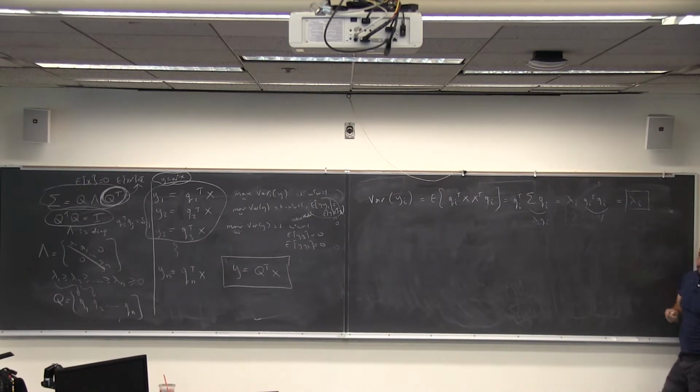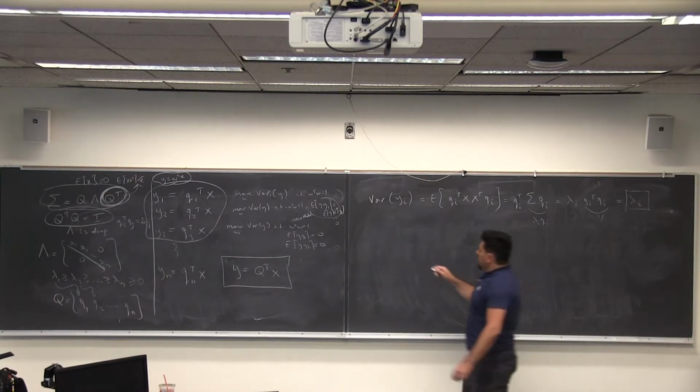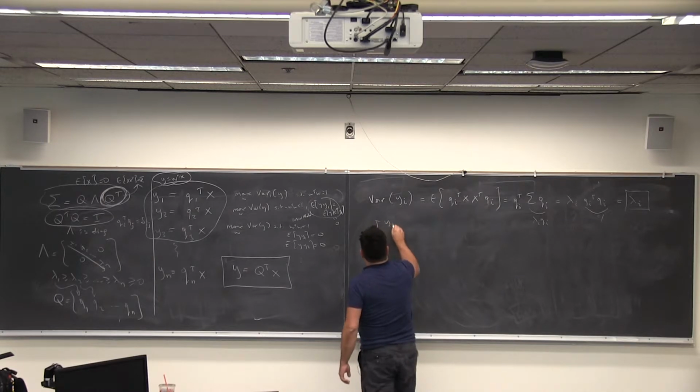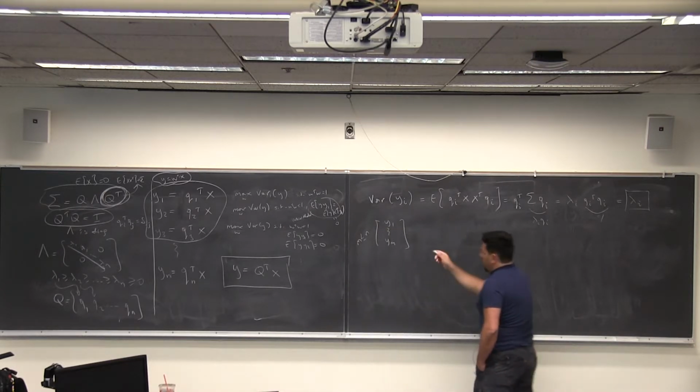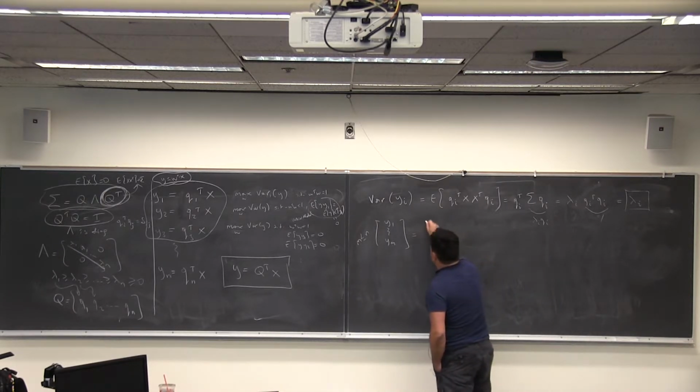So if I keep the first m principal components, let's say you keep y1 to ym, where m is less than n. You can go up to n. So this is equal to q1 transpose to qm transpose x, right?